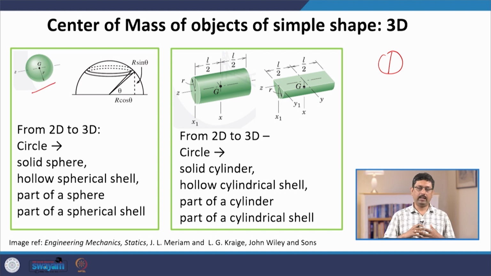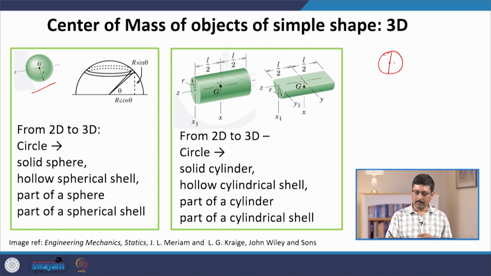Some variations of a solid sphere can be a hollow, empty spherical shell, so the mass is concentrated only on a thin shell, but nothing is inside. Or it could be a half sphere, a hemisphere, or a part of a sphere.